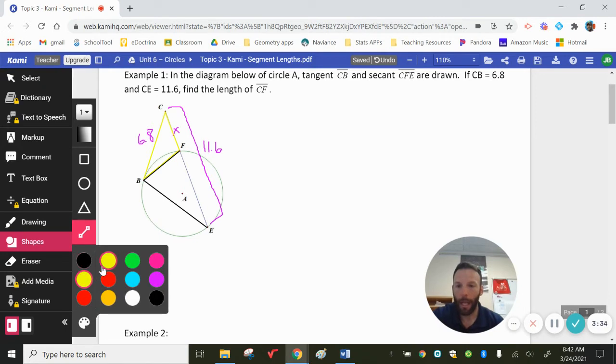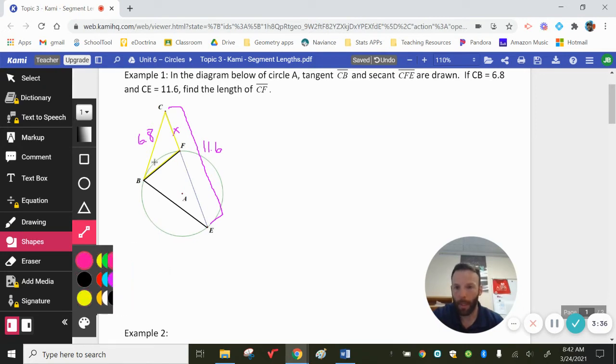And let me get another color, pink. I'm going to trace the triangle from C to B to E. Do you see how those two triangles share the angle C? So at least I know that the angle C that's in yellow is the same angle C that's in pink.